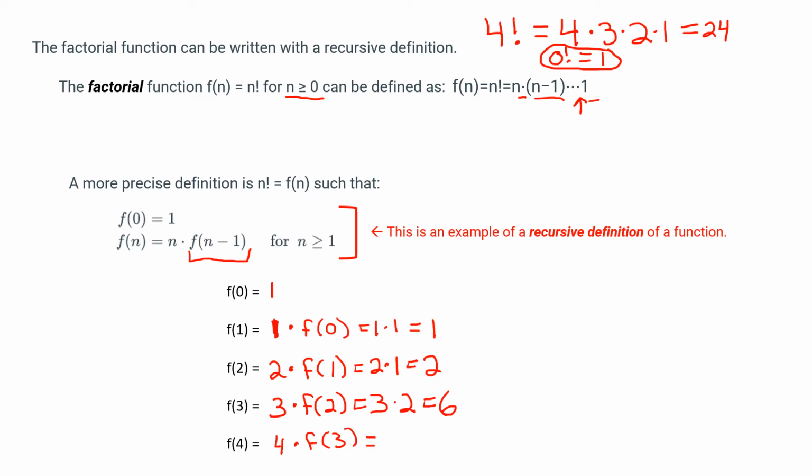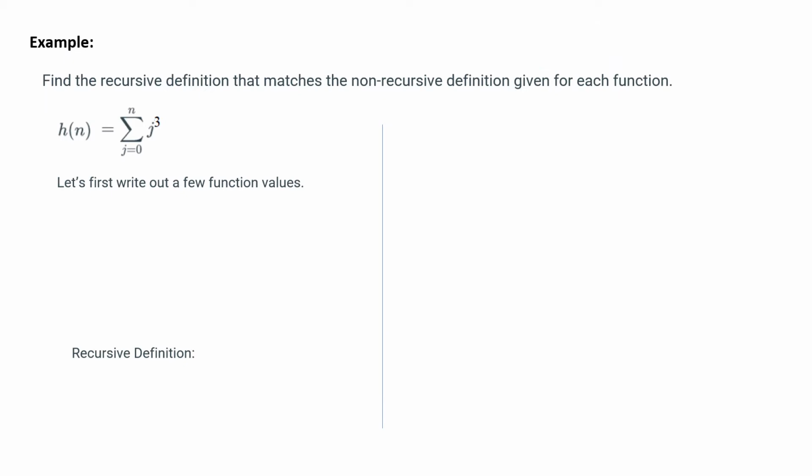And that's equal to 4 times 6, and we get 24. So we see that it looks like we are getting the same thing as if we were to use this more descriptive definition of the factorial function.